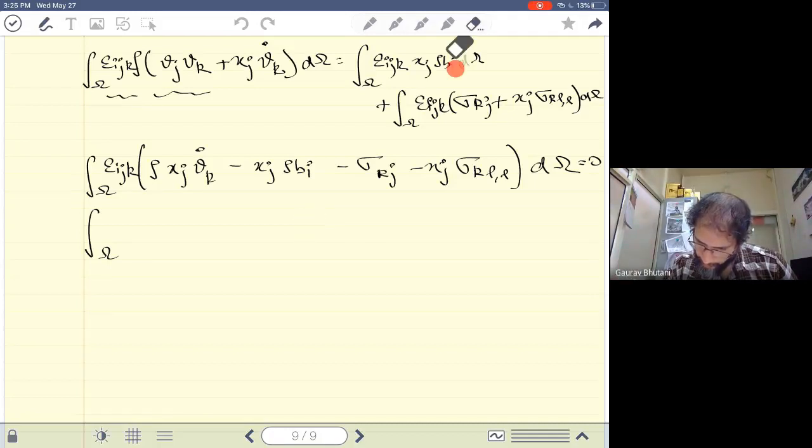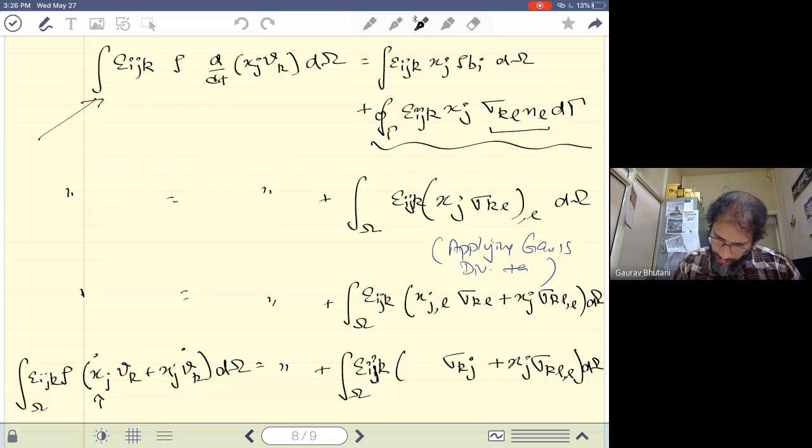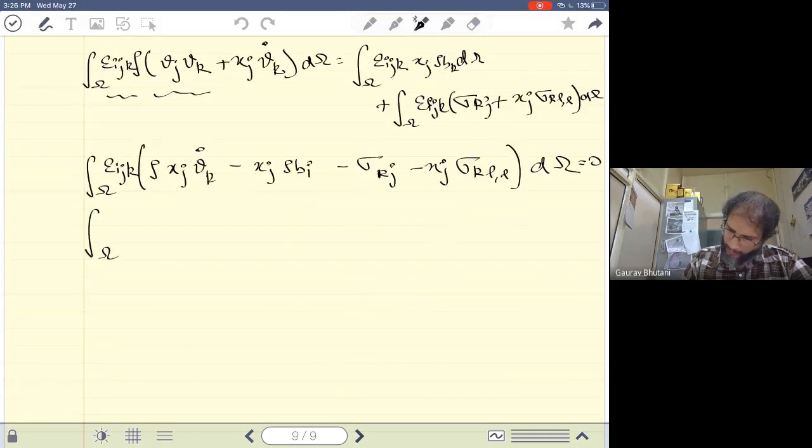So I made a mistake while copying from the previous page. Let's confirm. Well, probably I started with the wrong term. So this has to be bk. Yeah, thanks for that. This is a cross product of x and rho bk. All right, so these are the terms we have.